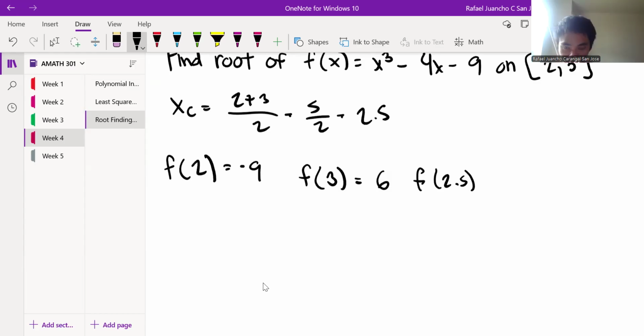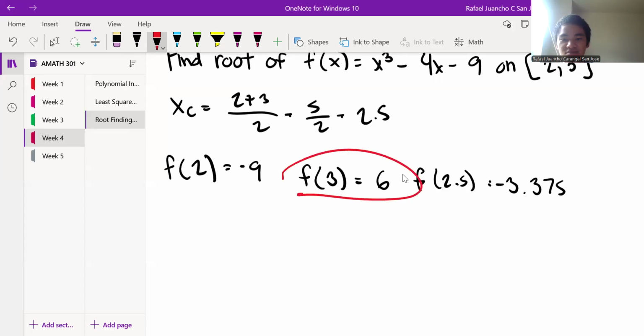Oh, it is 10, 2.5 times 4 is 10. So yes, it's around 3.375-ish. And then here we see, okay, which one has the differing sign?